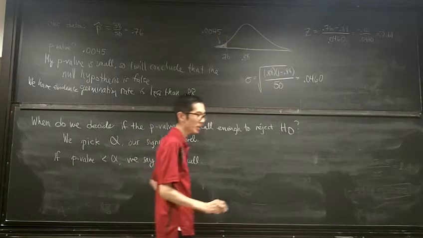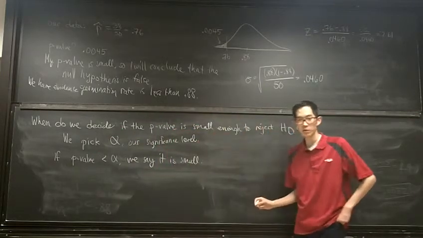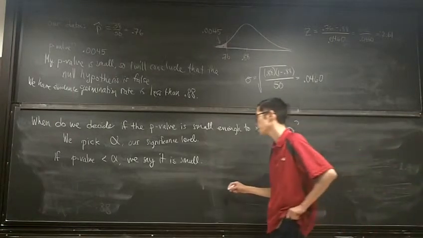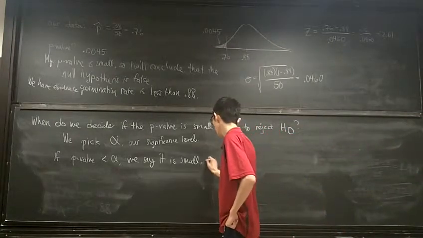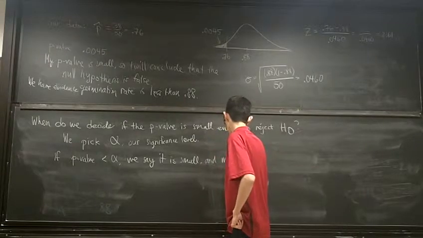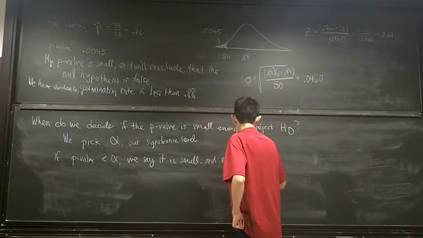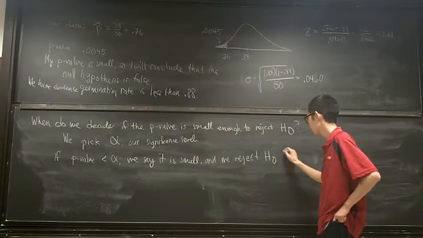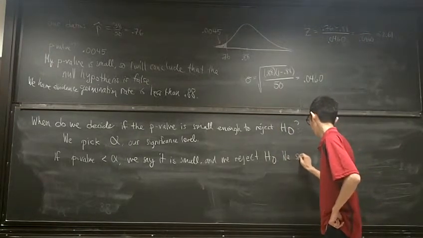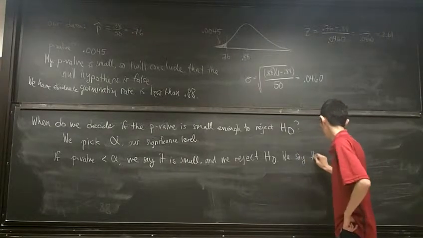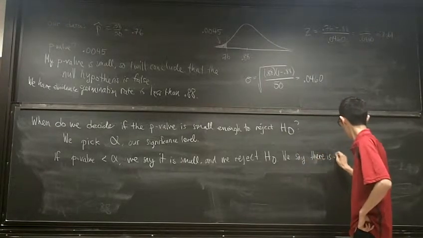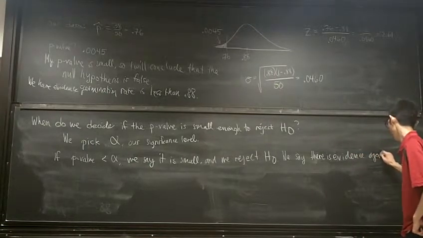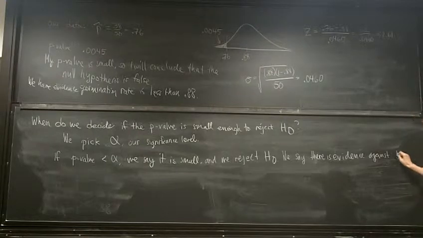And if the p-value is small, that means, what do we do with the null hypothesis? We reject or don't reject? We reject it. Okay, if the p-value is less than alpha, we say it is small, and we reject the null hypothesis. Okay, we say there is evidence against the null hypothesis.